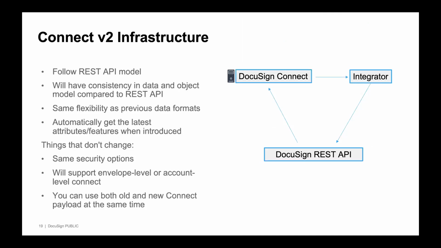So the important thing there is if you've used our REST API, whatever you're familiar with there from objects and parameters, you'll have it as part of the DocuSign Connect payload. It'll be the exact same. So that can simplify implementation in a lot of cases. Now the objects, again, all the parameters will be the same.